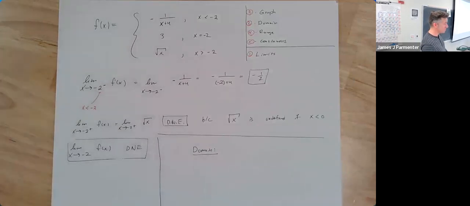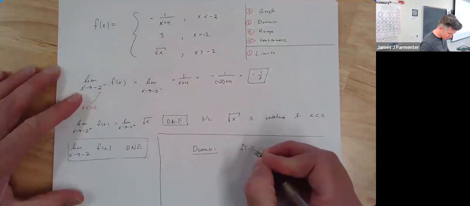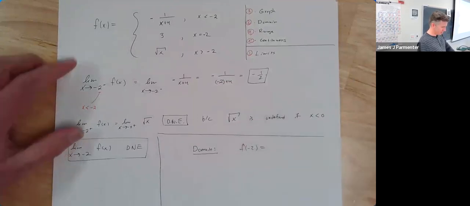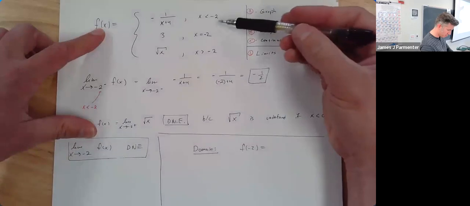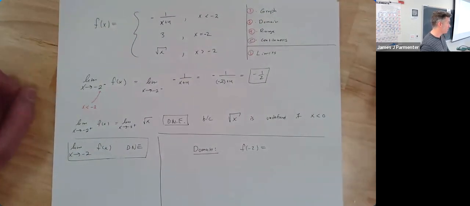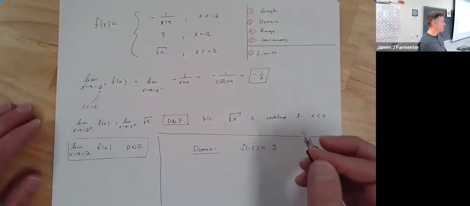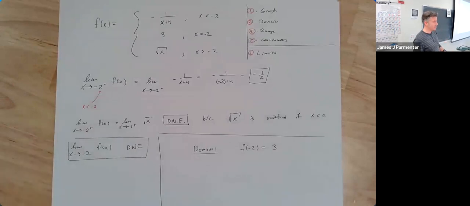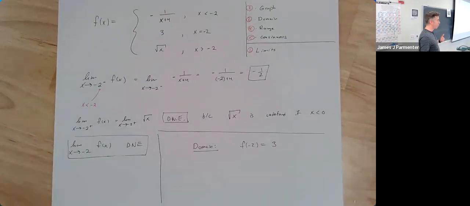And it for sure is. What's f of -2? If I plug in -2 to my function, I get 3. It's just given to you. So that's not answering this question, but just to point out that -2 is for sure in the domain of this function. This function is well defined there, not a problem.